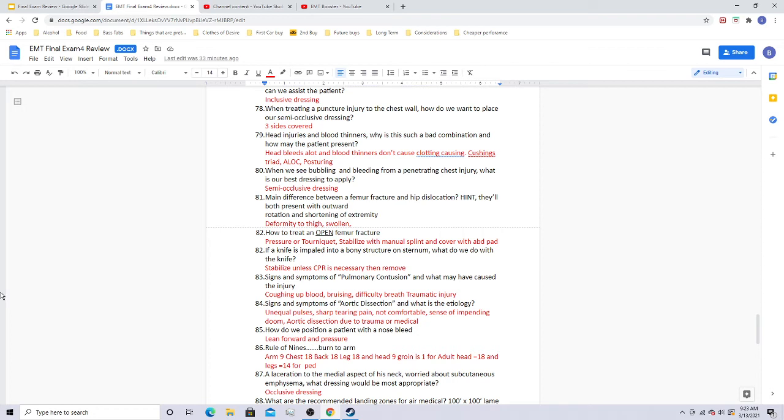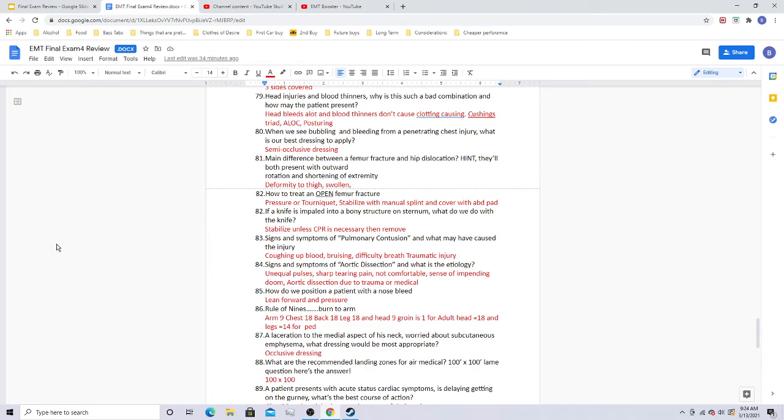Aortic dissection can be due to trauma or medical. In the medical situations, generally very similar to a hemorrhagic stroke. Well, not very similar, sorry, but there is a part of the wall that basically starts filling up with blood. Once that dissects, all that blood comes squirting out, and that's no good.